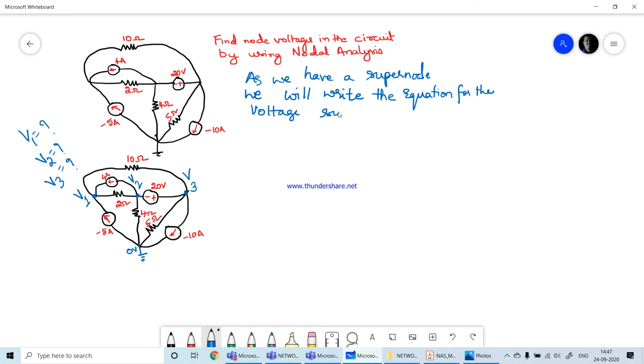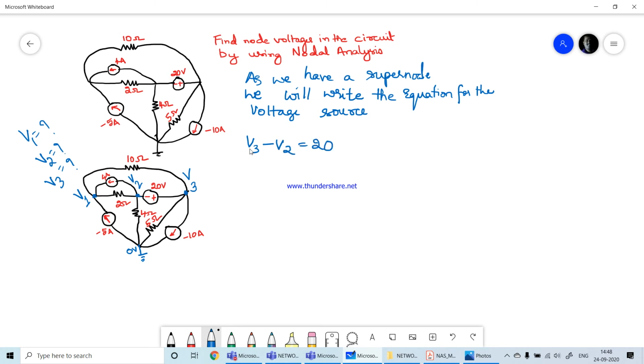Voltage source. So what do we get? Equation here. See, minus is connected to V2, plus is connected to V3. I'll repeat. Minus of this voltage source is connected to V2, plus of this voltage source is connected to V3. Therefore, plus V3 minus V2 equals 20.